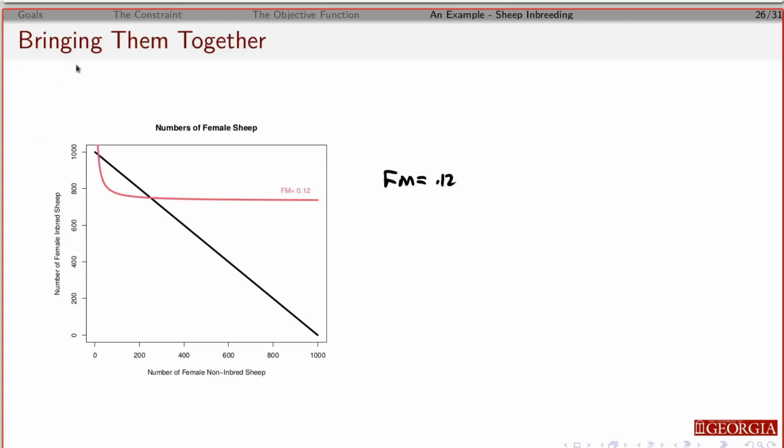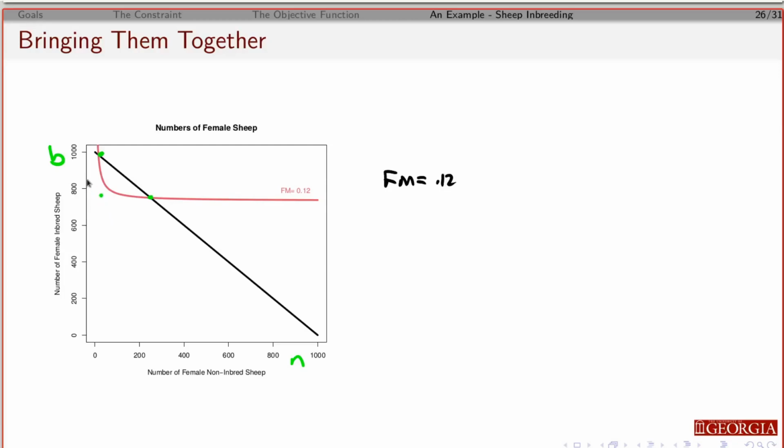For this, let's see. There's only two possible values for n. So this is my non-inbred sheep here. This is my number of inbred sheep here. So this thing here is around what, 250 and what, 750 or so.